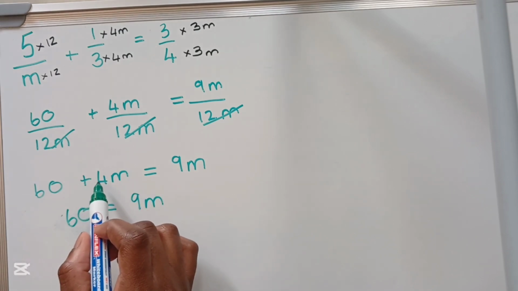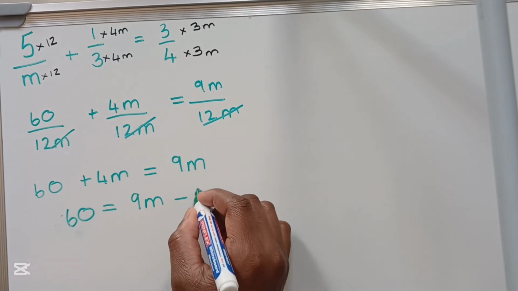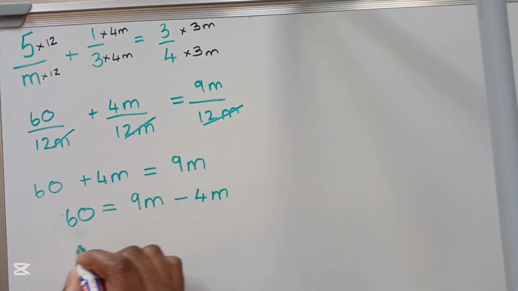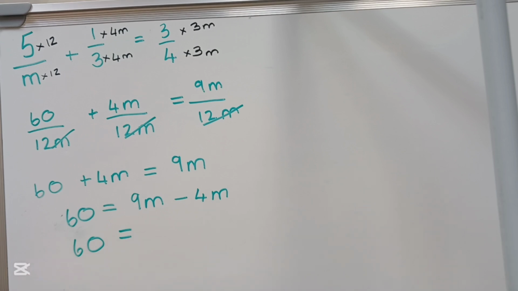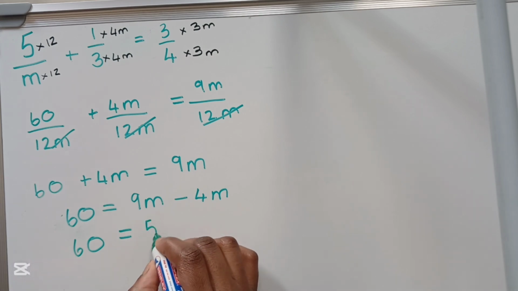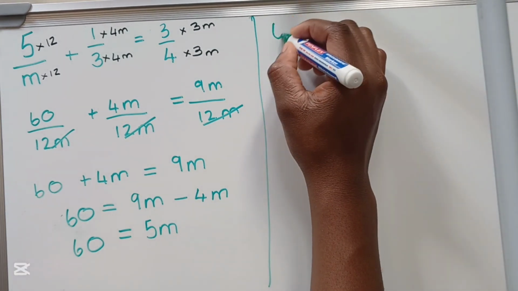When you move 4m this side, its sign changes from positive to negative. Minus 4m. 60 equals to, since 9m and 4m are like terms, I can solve them. 9 minus 4 will give me 5m. Still, we need to isolate our unknown variable.